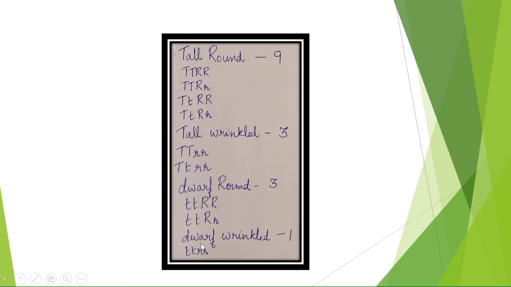Tall and round, dwarf and wrinkled are parental characters. Two new varieties of characters are also found here, tall and wrinkled, dwarf and round. This ratio proves the law of independent assortment. The ratio of F2 is 9:3:3:1 for a dihybrid cross.